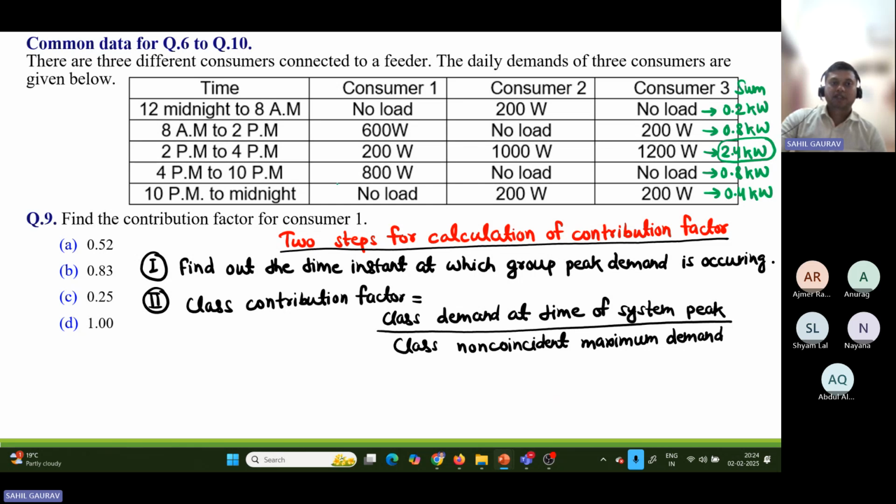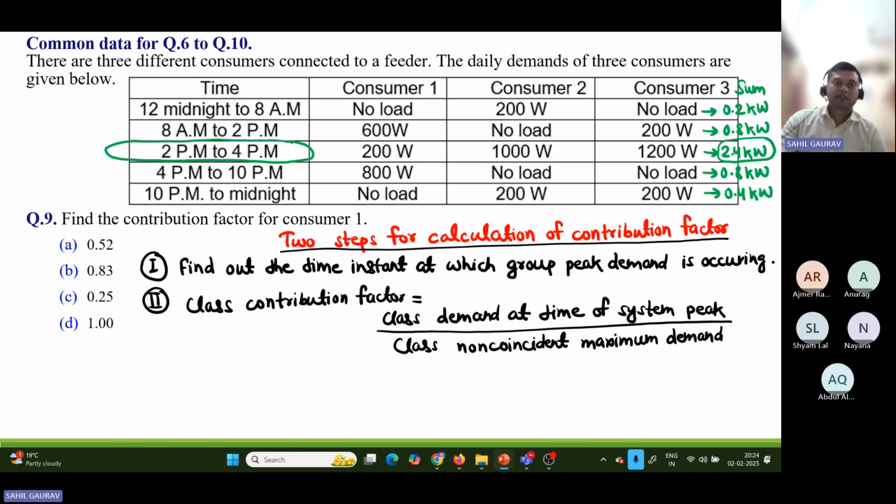And in the first step, they are telling you have to find out the time instant at which group peak demand is occurring. So time instant is 2 p.m. to 4 p.m. So I have solved this first part.